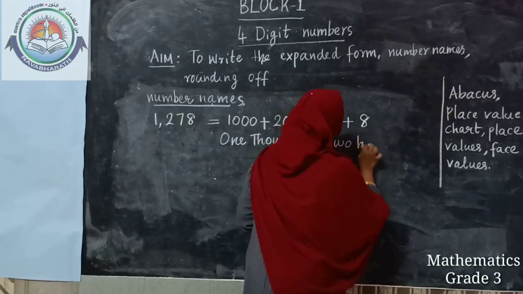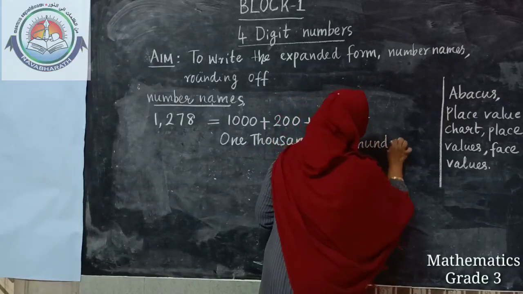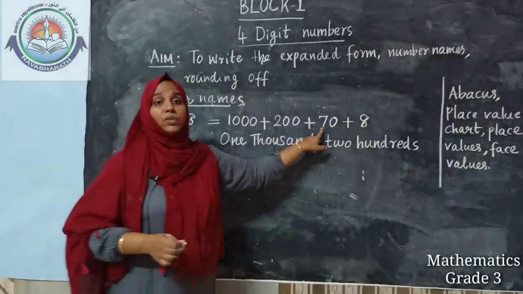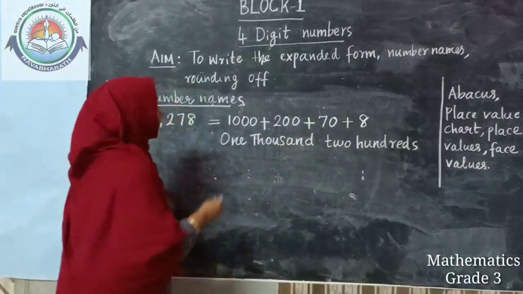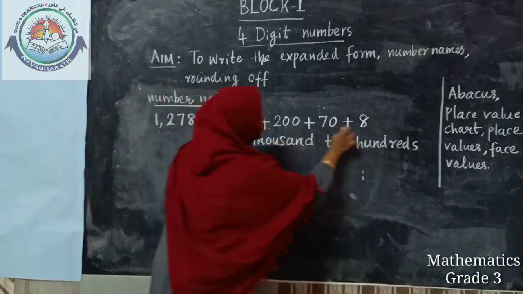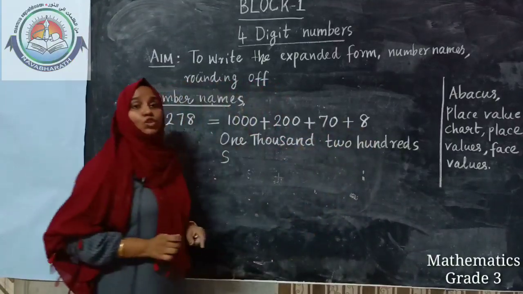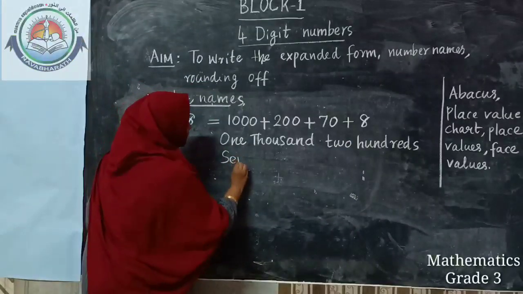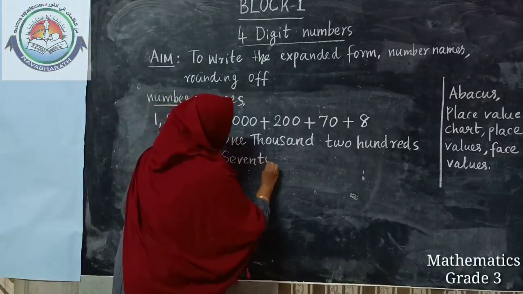So 200s. Then how many tens are here? 7. So these two we can write together. 70 plus 8 is 78, no? So this is 78.